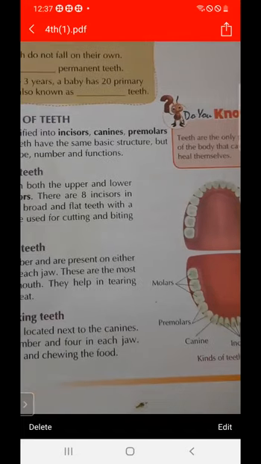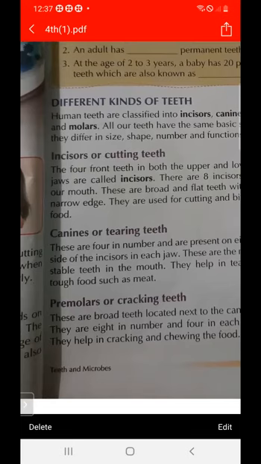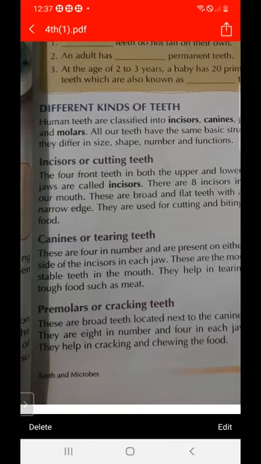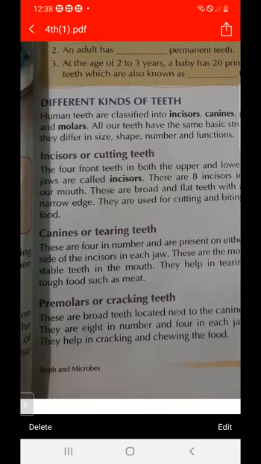So they are four in the upper jaw and four in the lower jaw, so they are eight in number. Incisors are 8, canines are 4, premolars are 8. Incisor is called cutting teeth, canine is called tearing teeth, and premolar is called cracking teeth.